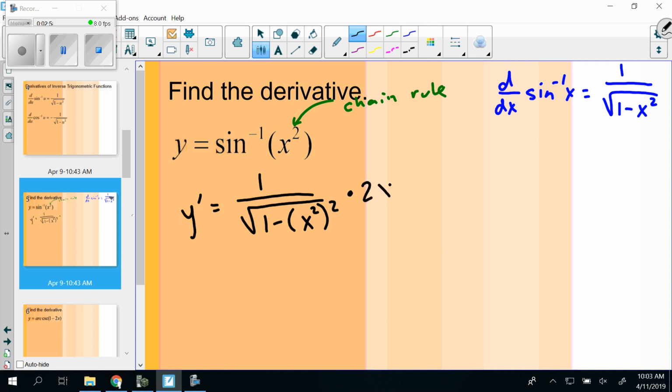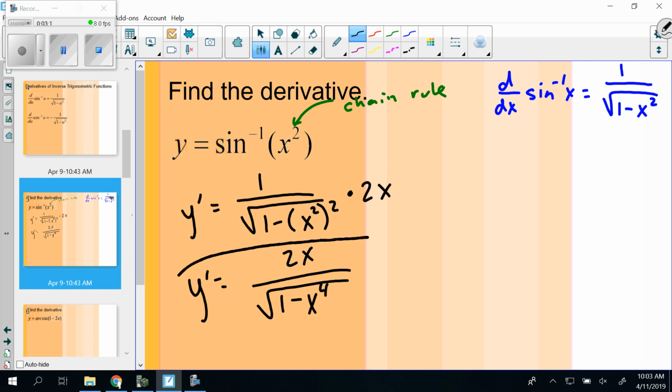It would be 2x. So now to simplify that, we could multiply these two together. So 1 times 2x would be 2x all over the square root of 1 minus x squared squared, which is going to be x to the 4th power. And so that would be the derivative right there.